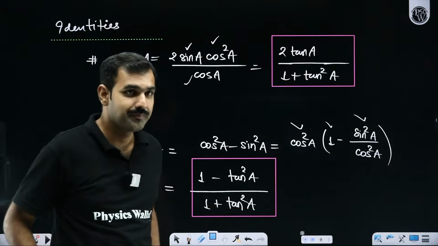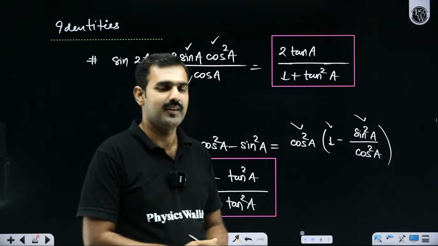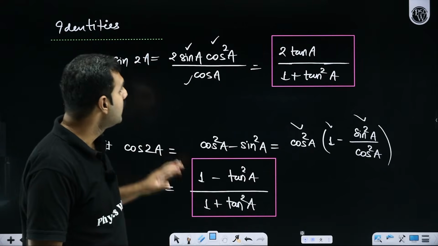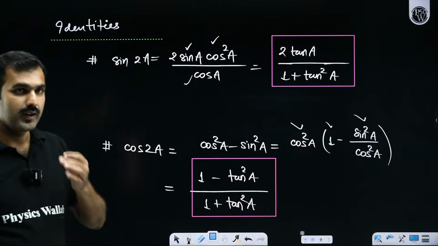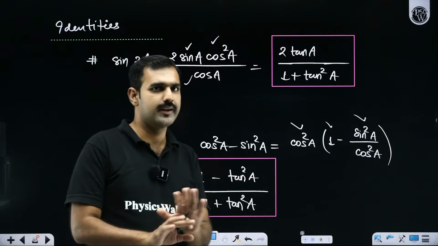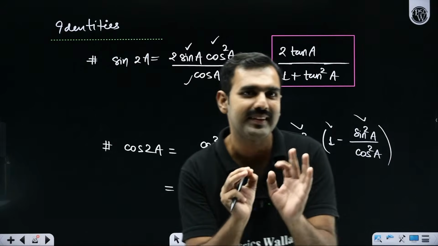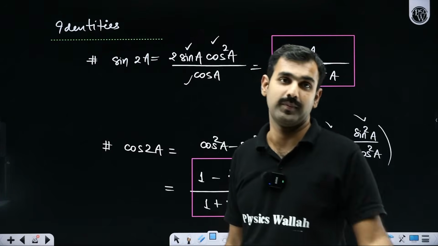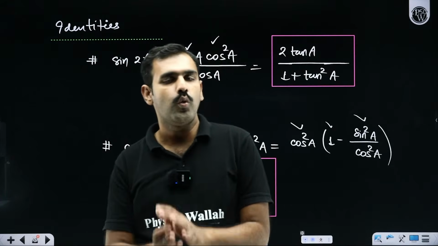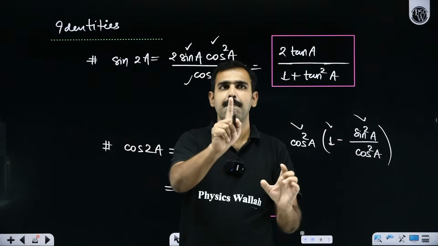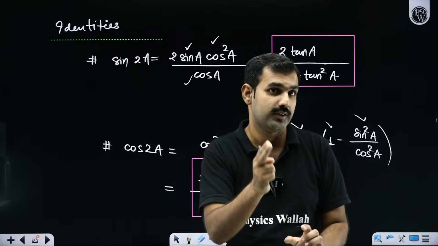Any confusions? Please ask if there are any doubts, queries, or concerns. Excellent. Shall I move further? If you all are comfortable with whatsoever done so far, are you realizing I have really done nothing? I've played with the two basic identities, sine A plus B and cos A plus B. All whatsoever I have developed so far is generated based on just those two identities, if you remember that.